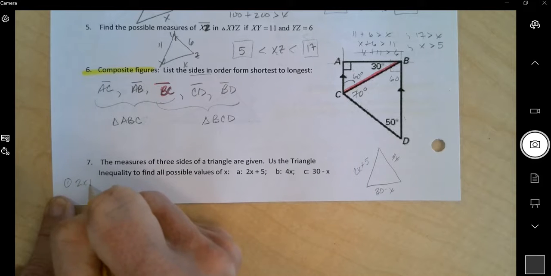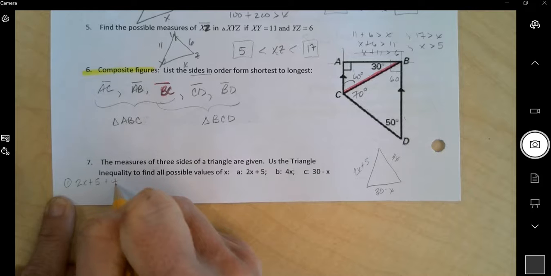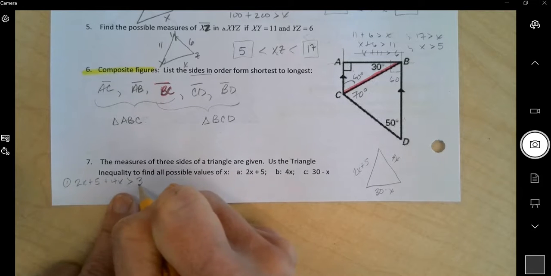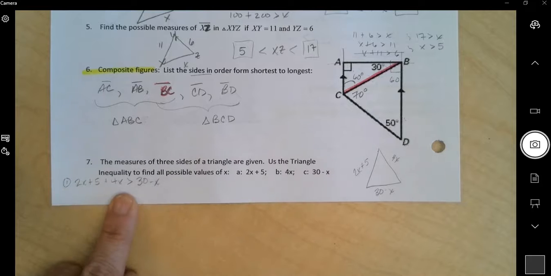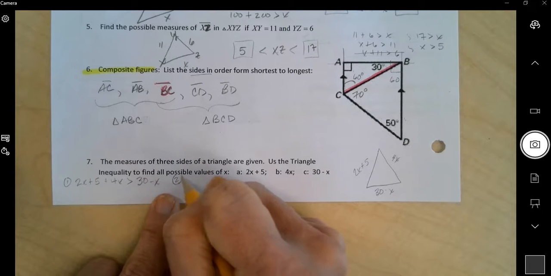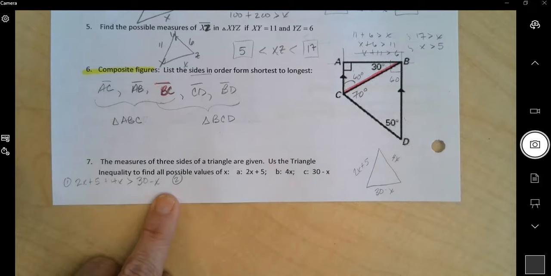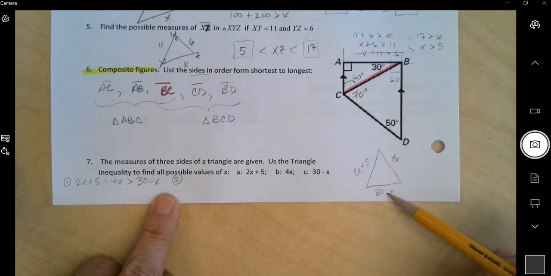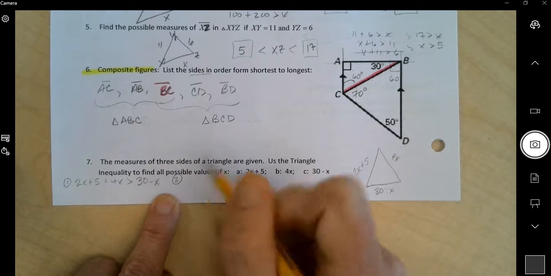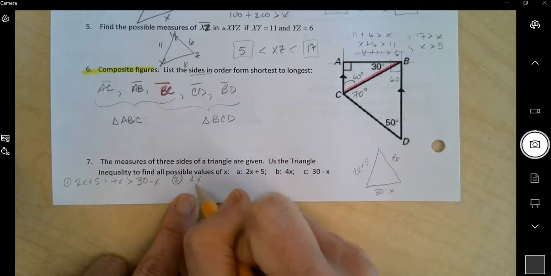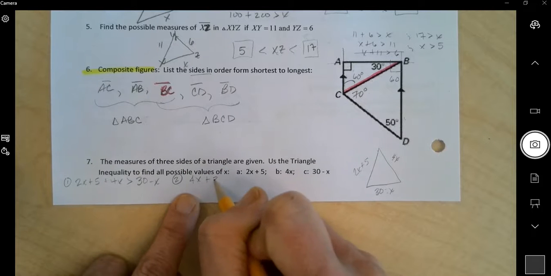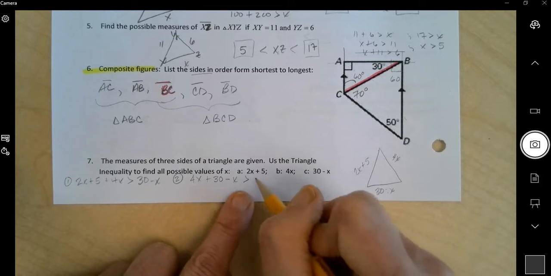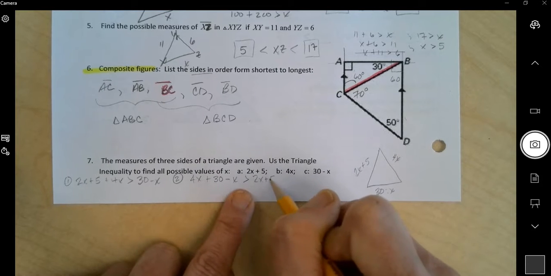I know that 2x plus 5 plus 4x has to be greater than 30 minus x. That's this side and this side has to be bigger than this side. I'm going to just go around the triangle. 4x plus 30 minus x has to be bigger than 2x plus 5.